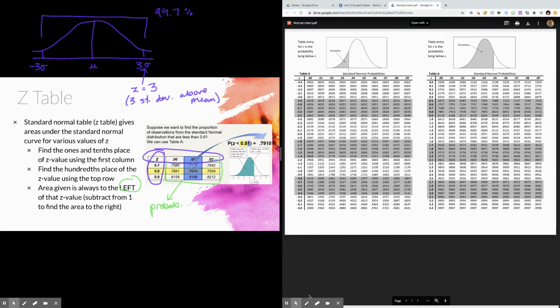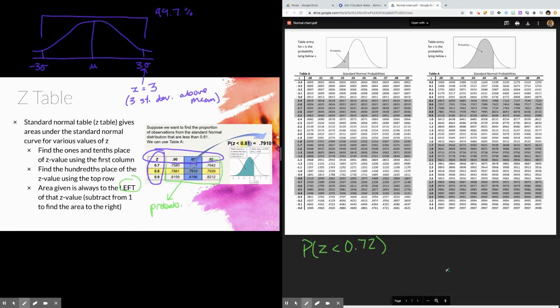Okay, so what you would see here is the z table. Let's say, for example, that I want to find the probability that Z is less than, I don't know, 0.72.